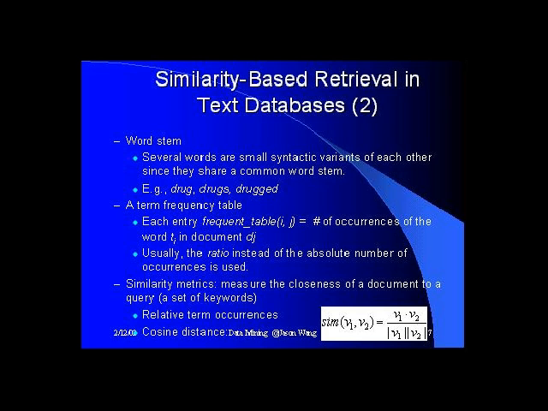Another way, which is one of the most commonly used similarity measures, is to use cosine distance. You model documents as Euclidean vectors. For example, suppose we have a bunch of documents, and we have predefined 100 keywords, the most important keywords that could possibly appear in these documents.